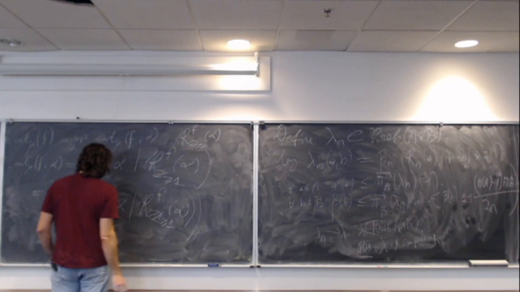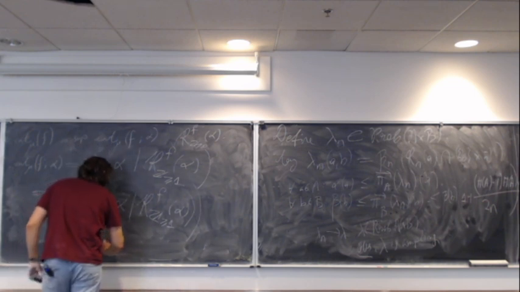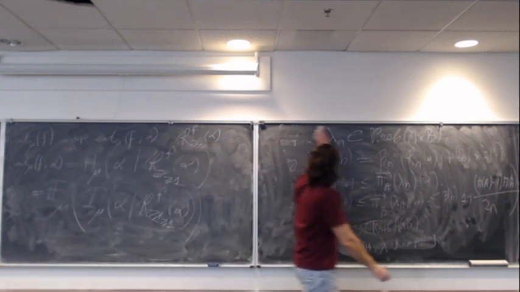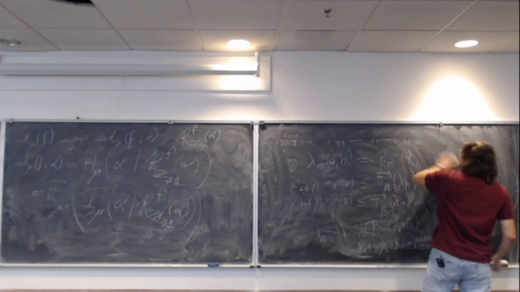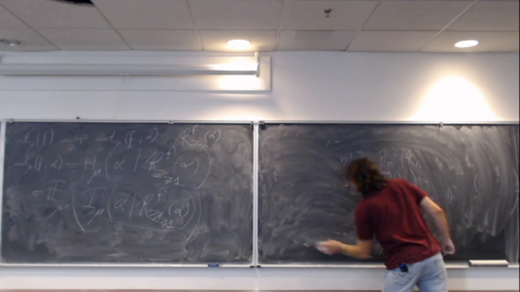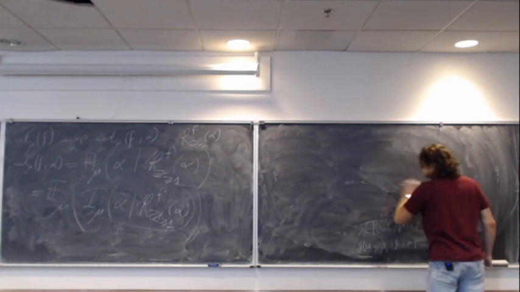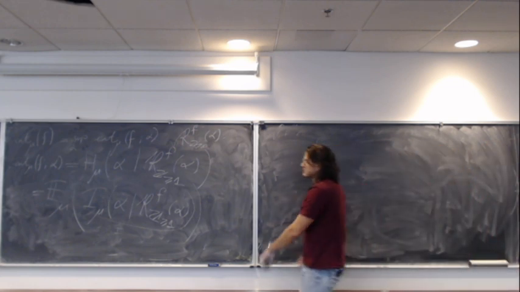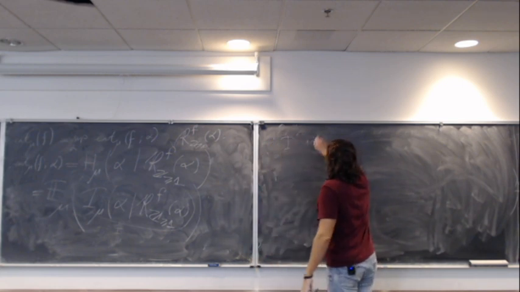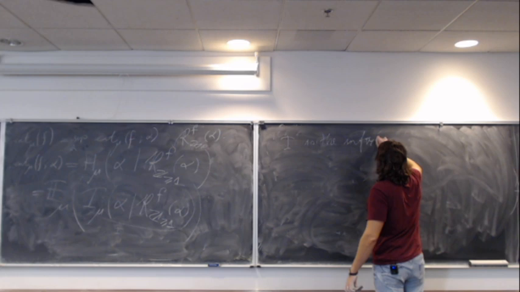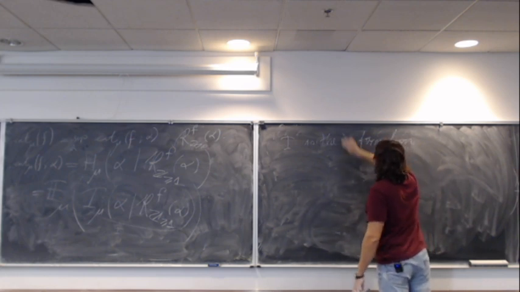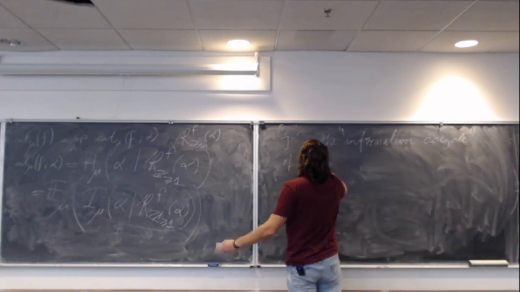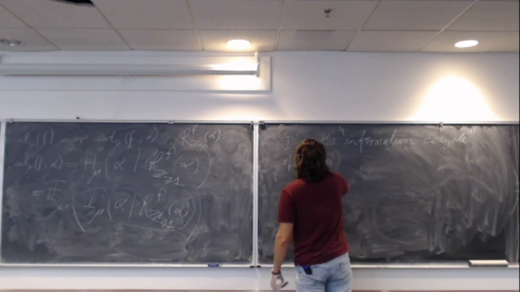So this is an L1 function. It's an LP function. Let me just call this I. So I is the information co-cycle of mu, f, alpha.